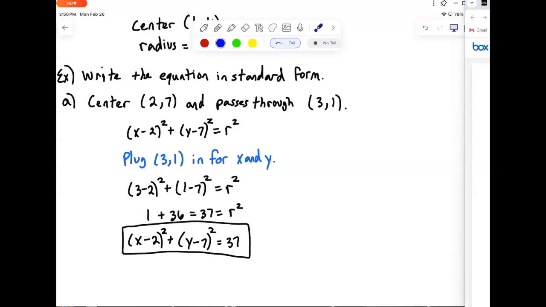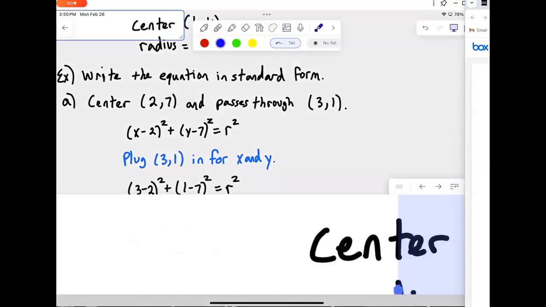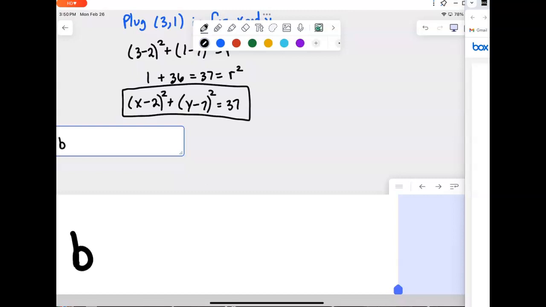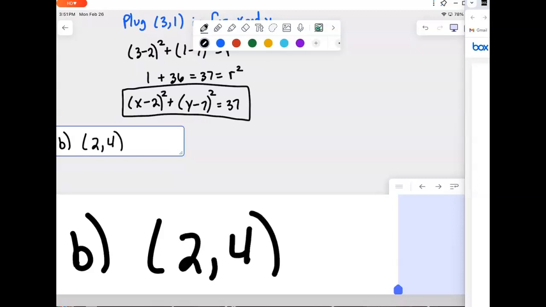Okay, in our next example here, we're asked to find the equation of a circle that has a center again. So here we're looking at the same scenario, except this time, instead of telling us a particular point on the circle, they tell us something else.